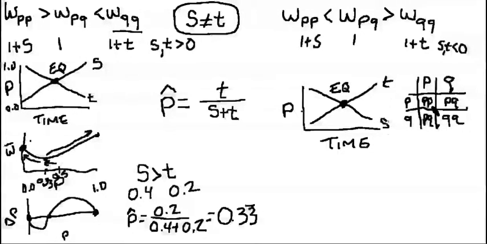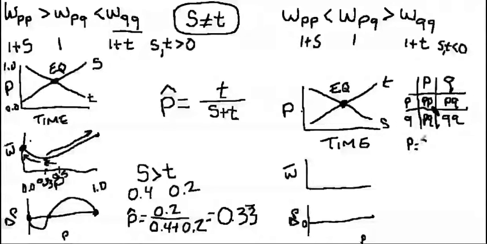Let's see what happens to our P hat with our two graphs. This is W bar again, delta P, 0, and then down here I just have my P. Well, why don't we end up back at P equals Q equals 0.5? Well, if we think about it from the standpoint of what the whole system looks like, if P equals Q equals 0.5, that means 25% of my population is going to be PP and 25% of it is going to be QQ.